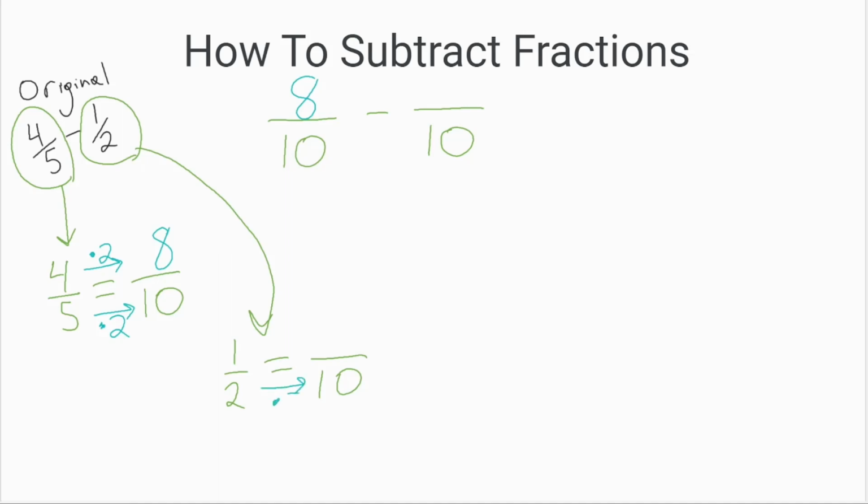Well, that was by multiplying by my other denominator, 5. So I need to do the same thing up top. I'm multiplying by a 5. 1 times 5 gives me 5. And I find my second unknown numerator.